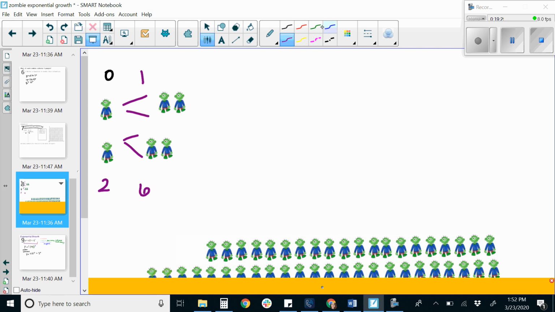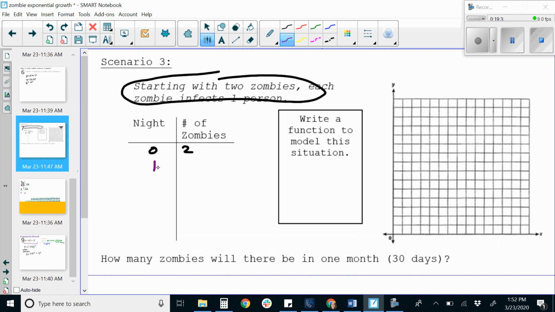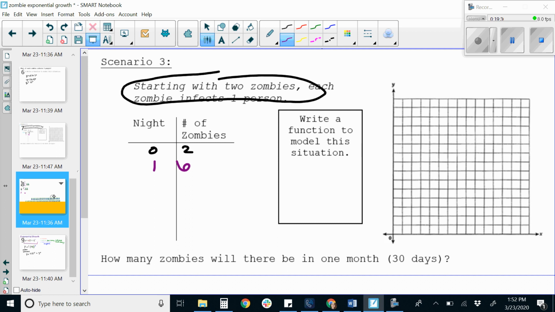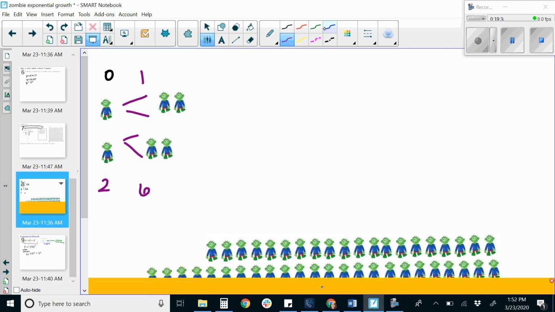Now look at the next night. Each of them is going to infect 2.